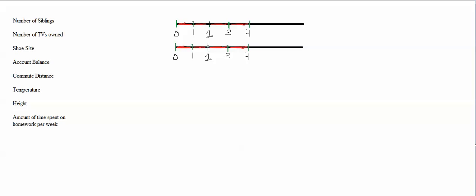The number of TVs a person owns could be 0, 1, 2, 3, 4, or even 5 or 6, but it can't be anywhere in between 0 and 1, or between 1 and 2. It can't be between two whole numbers. So number of TVs is also discrete because we have these red gap areas where a person will never fall on the number line. What about shoe size?